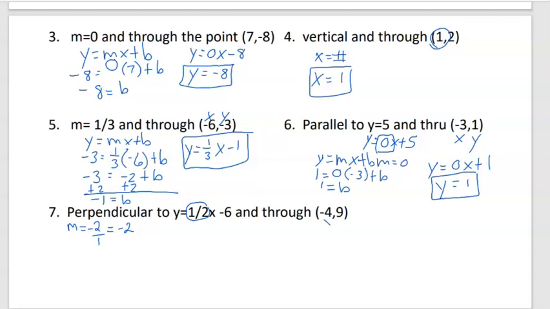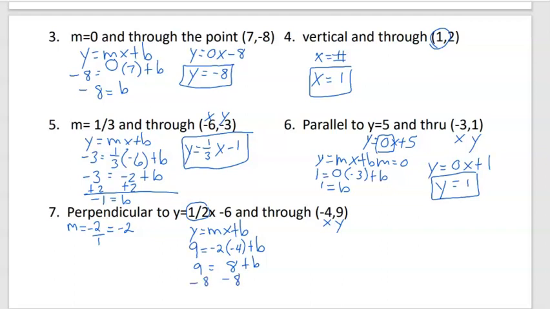I'm going to plug in negative 4 for x and 9 for y in y equals mx plus b, solve for b, and then write out my equation. 9 in for y equals negative 2 for the slope times negative 4 for the x plus b. 9 equals positive 8, from the negative 2 times negative 4, plus b.